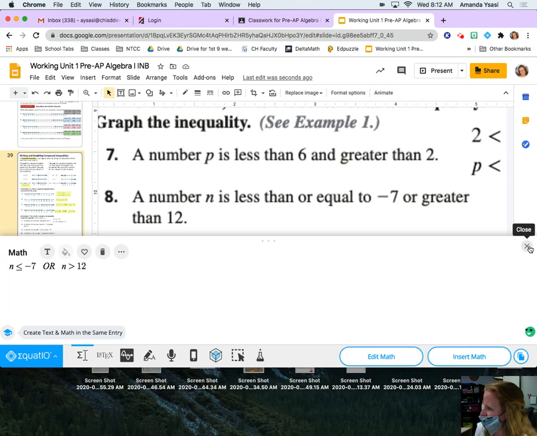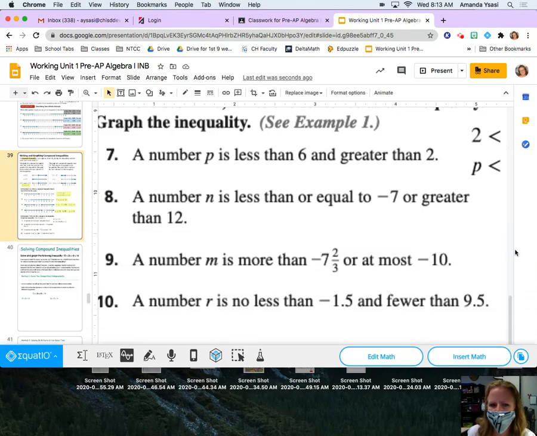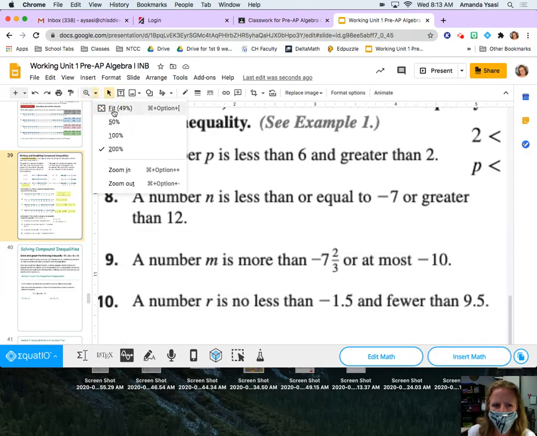Insert that in, and then we are going to graph it on our composition book. All right, where did it go?